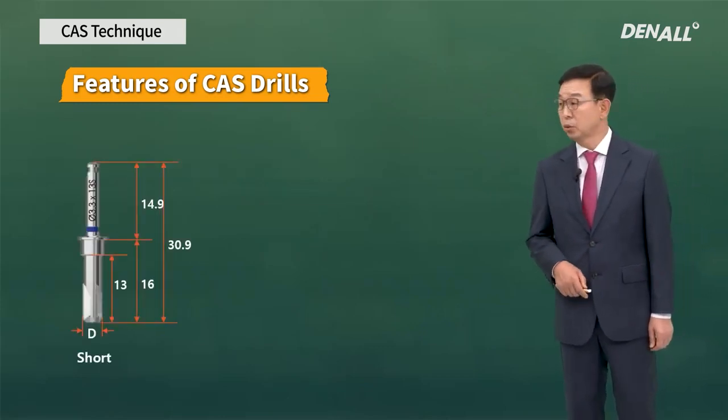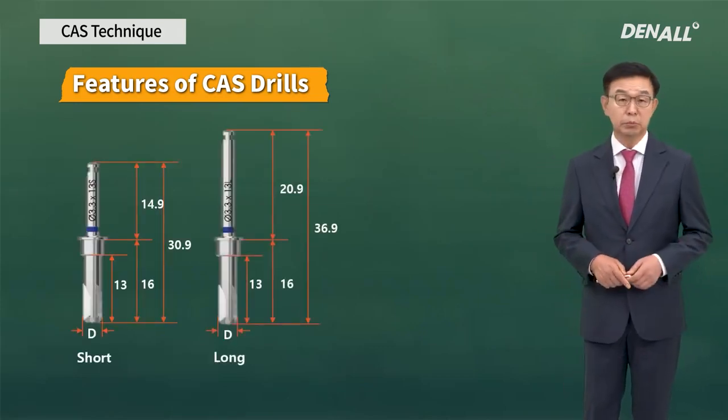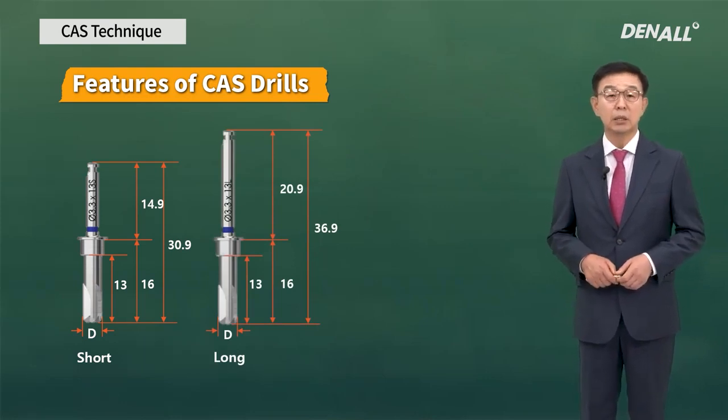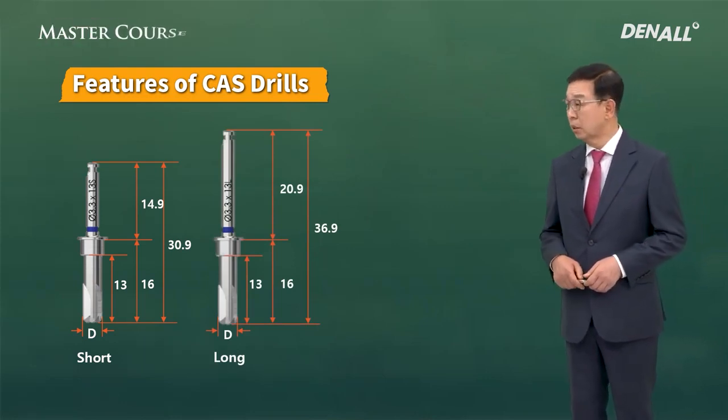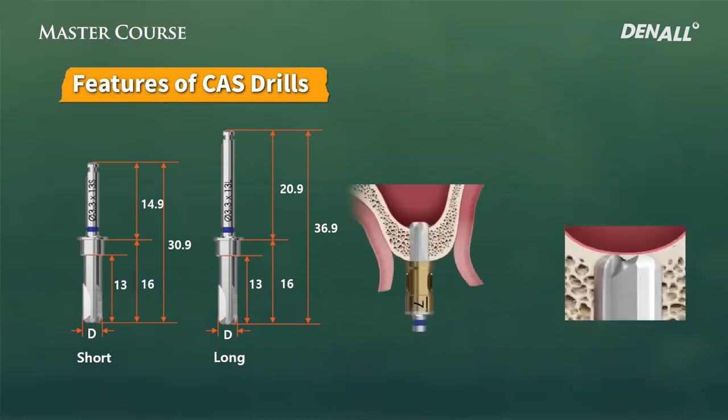Features of the CAS drill. There is a short drill and a long drill. Depending on the patient's level of mouth opening or interference of adjacent teeth, you can use either. The tip of the CAS drill is round and there's a cutting edge internally, therefore you can punch through the sinus floor without damaging the sinus membrane, and a sinus lift can be done.